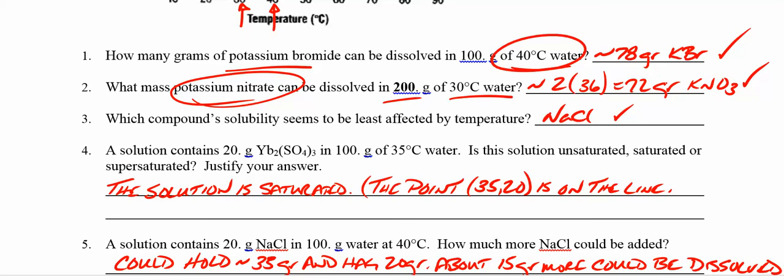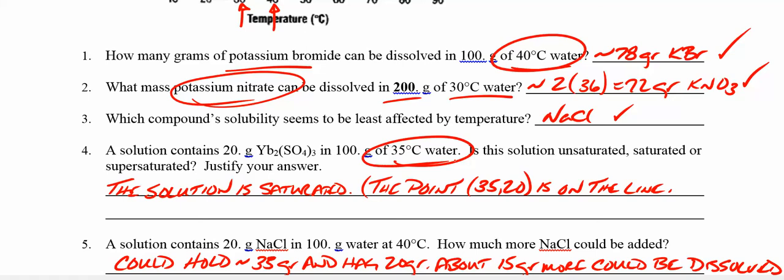Let's look at number 4. It says a solution contains 20 grams of yttrium sulfate in 100 grams of water at 35 degrees Celsius this time. They're asking me, is the solution unsaturated, saturated, or supersaturated? And we want to justify that answer. So what do we mean by unsaturated? Well, what we mean is that the solution is holding less than the maximum amount of solute that can be held at a given temperature.